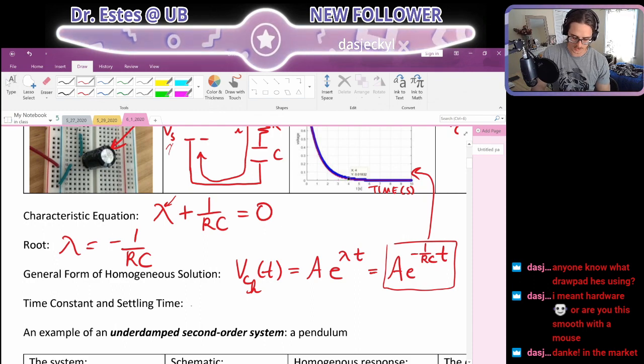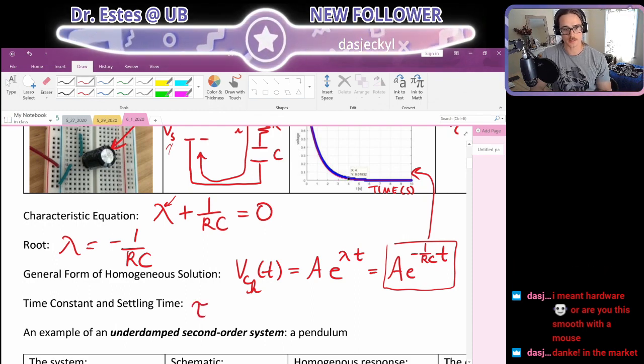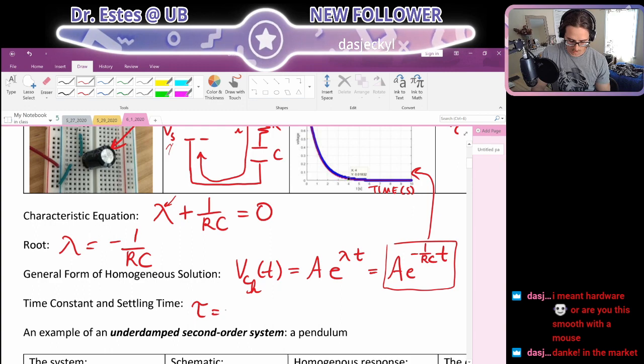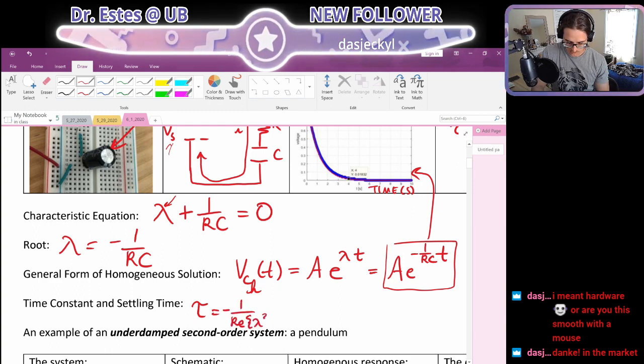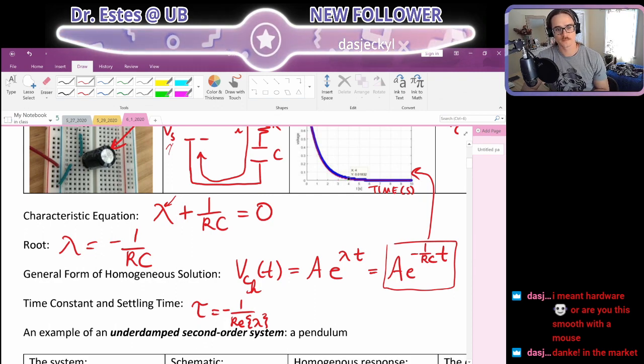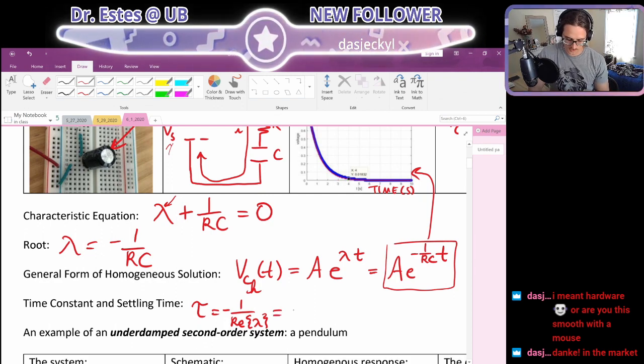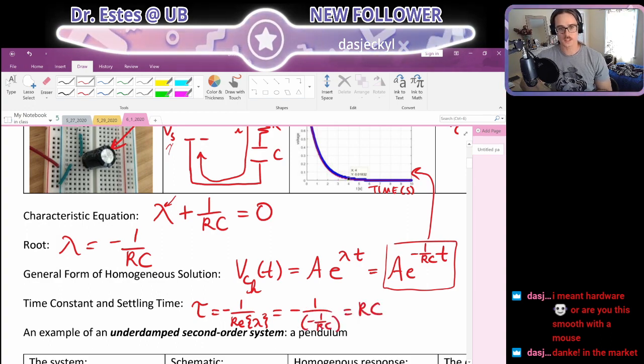But the relationship is this. Tau, the time constant, is minus 1 over the real part of your root. So it's going to be minus 1 over minus 1 over RC, which is just RC.